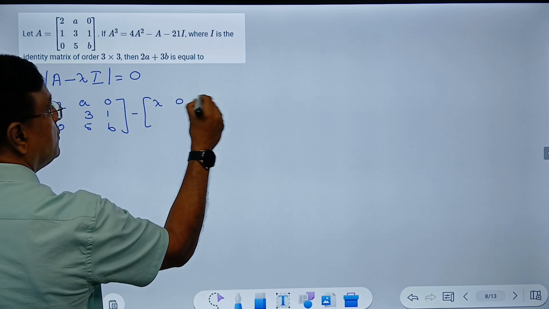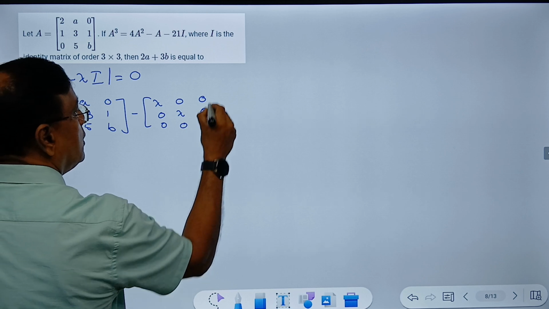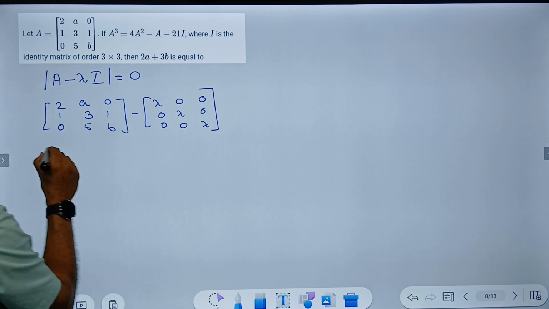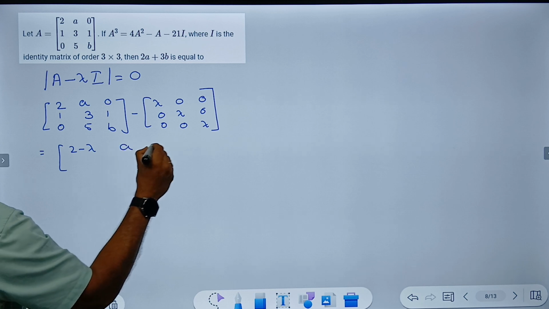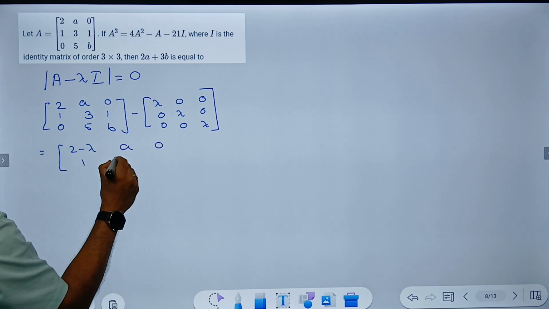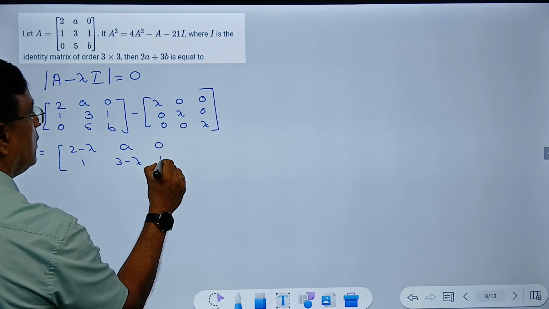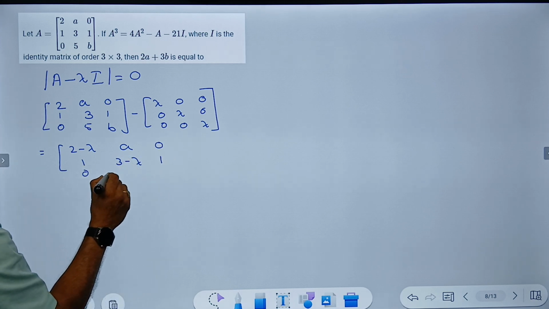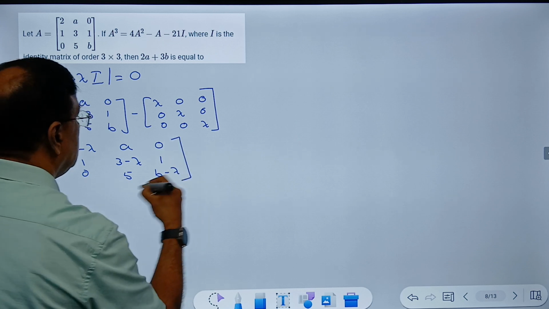Lambda 0 0, 0 lambda 0, 0 0 lambda. So A minus lambda I will be 2 minus lambda, a, 0, 1, 3 minus lambda, 1, then 0, 5 and b minus lambda.